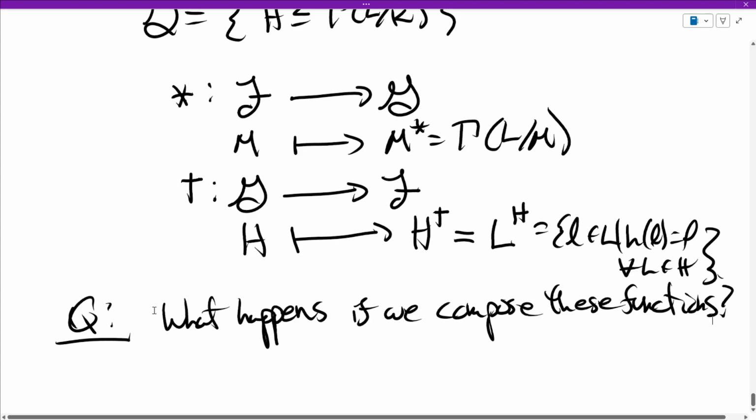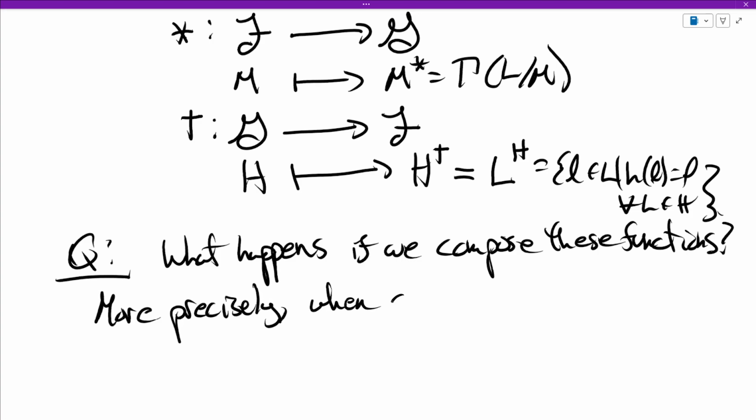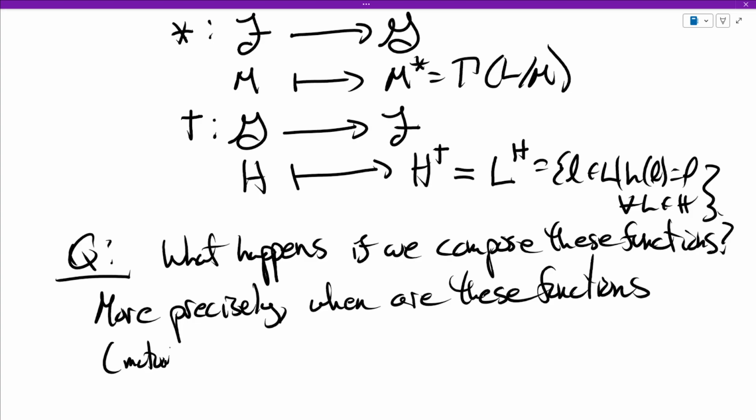And that is where the fundamental theorem of Galois theory comes in. So we want to know, when are these maps bijections? So more precisely, when are these functions, in fact, intimately related functions, mutually inverse bijections?